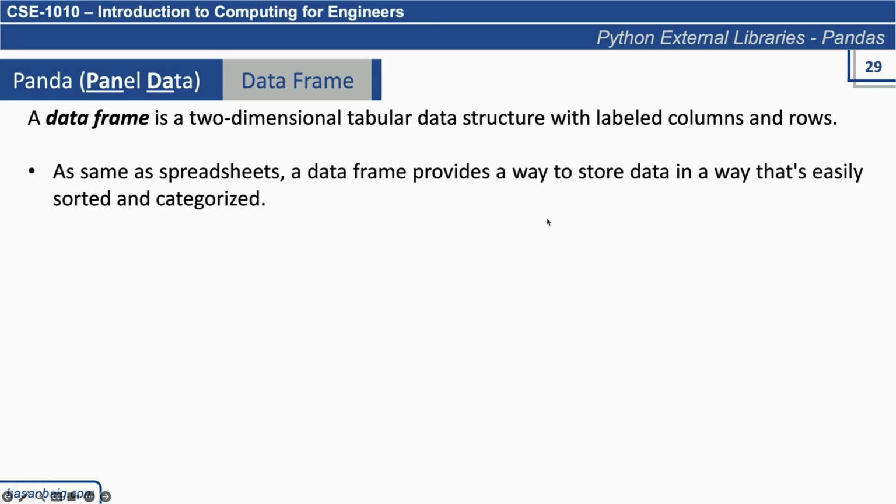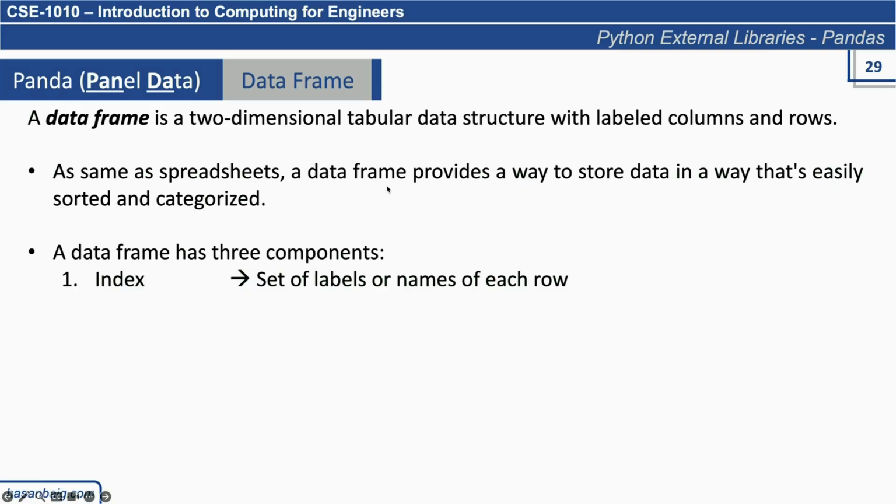Just like spreadsheets, the data frame provides a very user-friendly way to store data, which we can easily sort, categorize, and analyze right on the terminal. A data frame has 3 components.